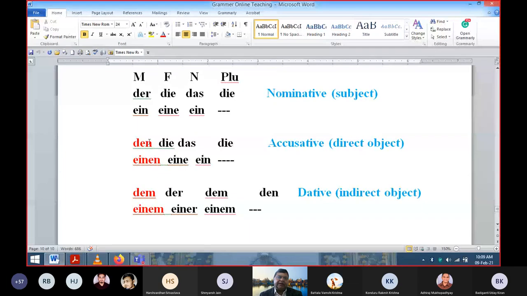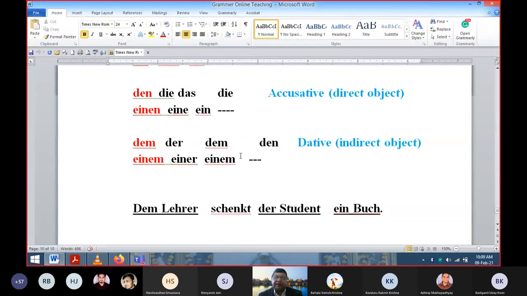Der is changed into den, ein into einen. Others remain the same. If any noun is being used as indirect object, then further change is there with the article form. Der is changed into dem, ein is changed into einem. And then it becomes dem, der, dem, and einem, einer, einem.